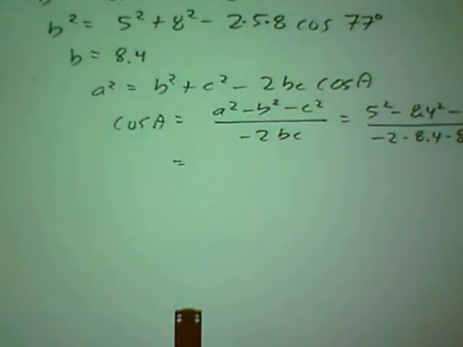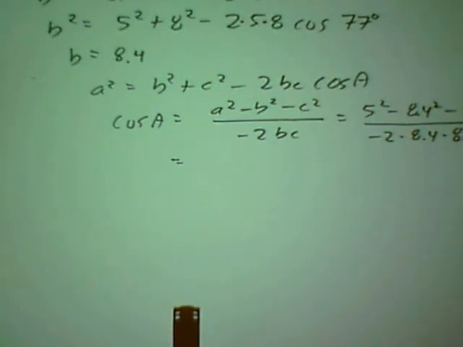Wow. Let's see if I can calculate this. So 25 minus 8.4 squared minus 64. Now on the bottom, what's this, 32 times 16?